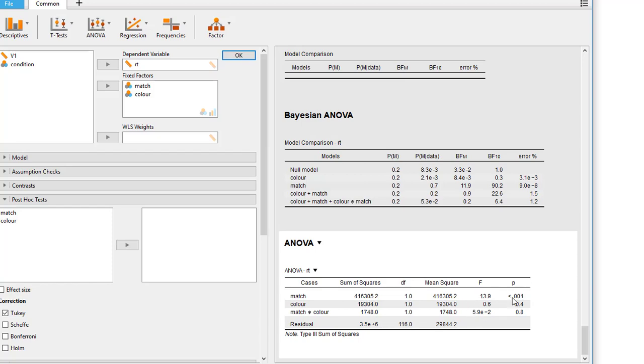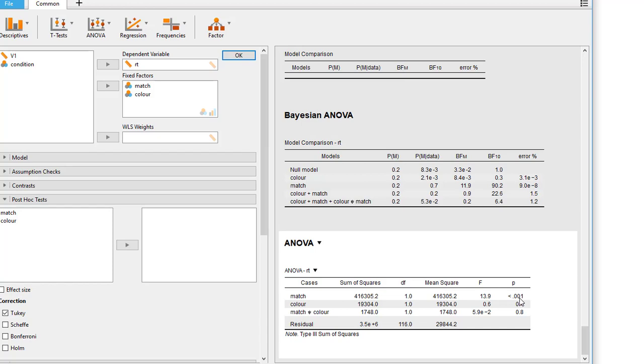The p-value for match is less than 0.001, and the others are 0.4 and 0.8, quite high p-values. Because the first is less than 0.05, we reject the null hypothesis: if we assume the null hypothesis, obtaining an F-score of 13.9 or more extreme is very unlikely.